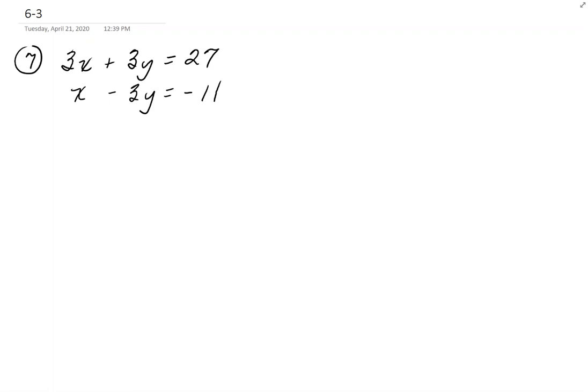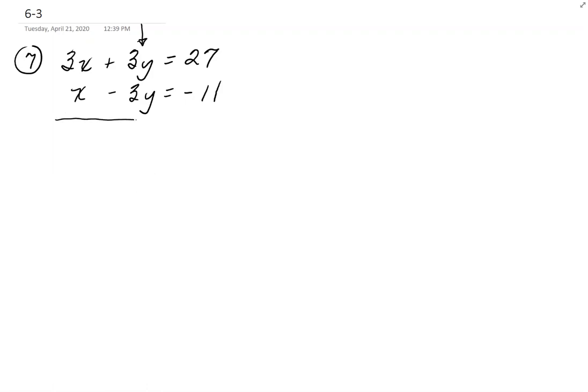When you're using this method, what you have to look for is either with the x's or with the y's, you need to get opposite coefficients. And in this particular problem, you do already have opposite coefficients with the y's, positive 3y and negative 3y. So it's ready.